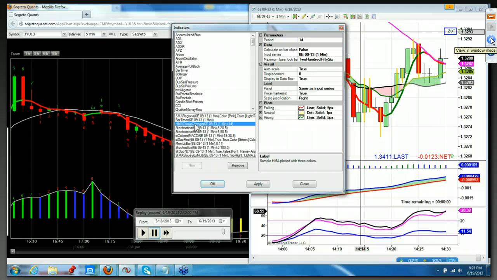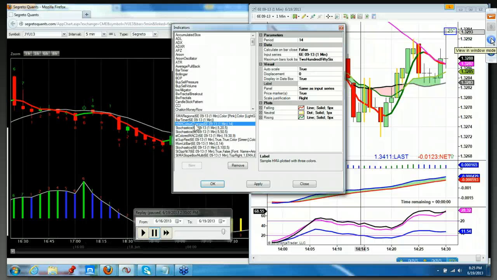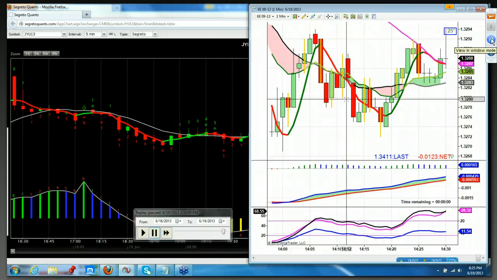Yes. So what I've done on one, I've done on the other. So the settings are identical on my 1-minute chart. Oscar, I hope that helps.